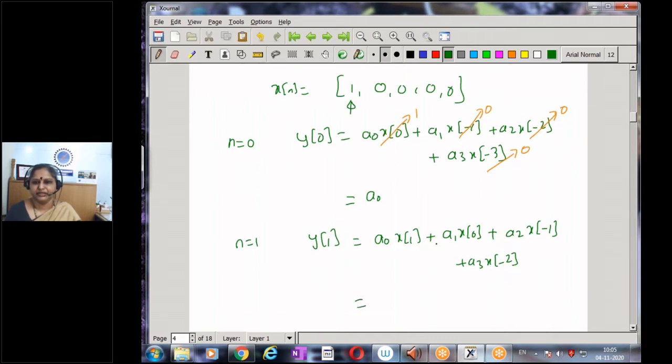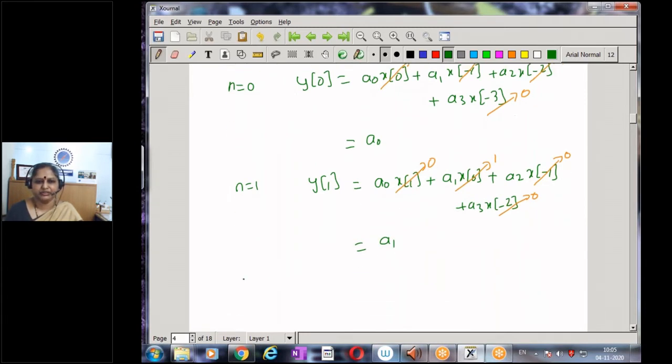Once again, my input is a delta function, the unit impulse, and hence my x of 0 is 1 and all other terms are zeros. This is 0, this tends to 0, this is 0, because my input is an impulse function. And then I get my y1 as a1 into 1, so a1.